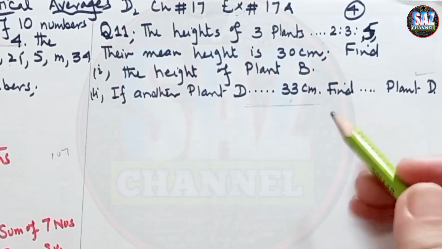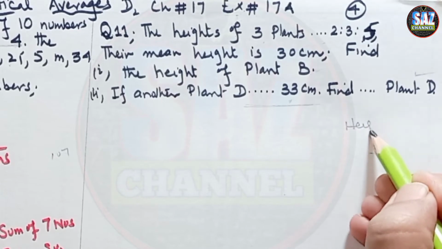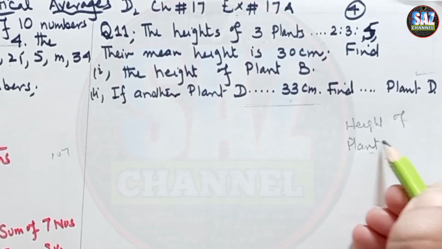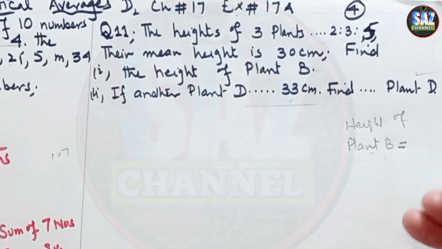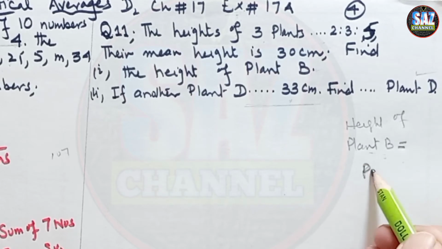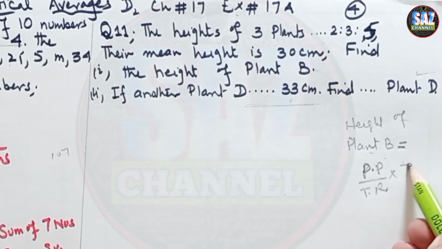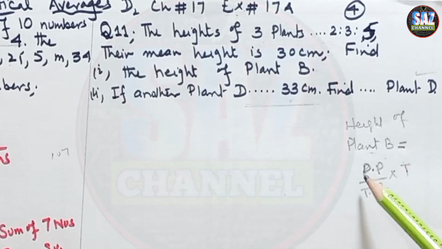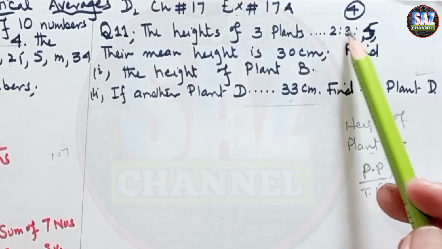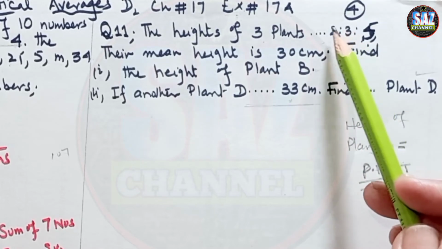Recall the formula from the ratio chapter, that the height of plant B will be equal to the proportional part upon total of ratios, multiplied by total. Here the ratio for plant B is 3, and we can find the sum of the ratios: 5 and 3 is 8, and 2 is 10.